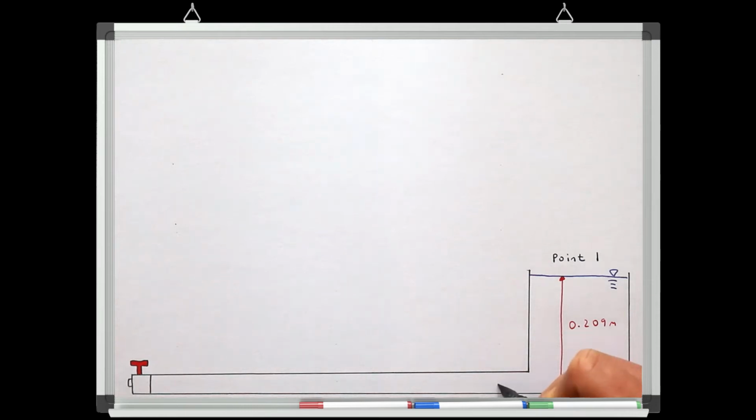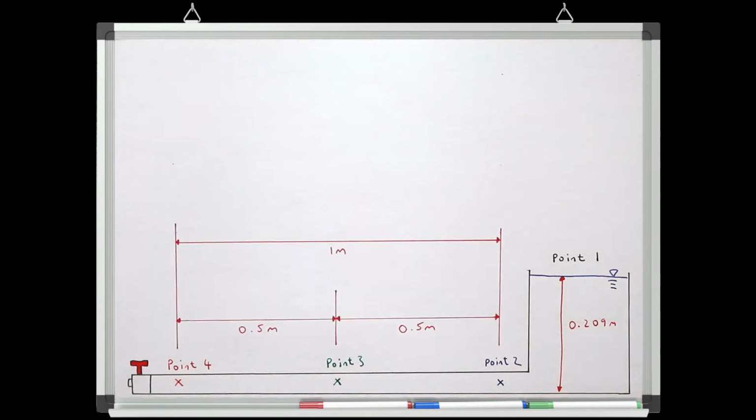Point number 2 is in the pipe just after the pipe has left the tank. Point number 3 is 0.5 meters further down the pipe than point number 2. And point number 4 is 0.5 meters further down the pipe than point number 3. So in total we have 4 points where we can measure the total pressure head in the system.